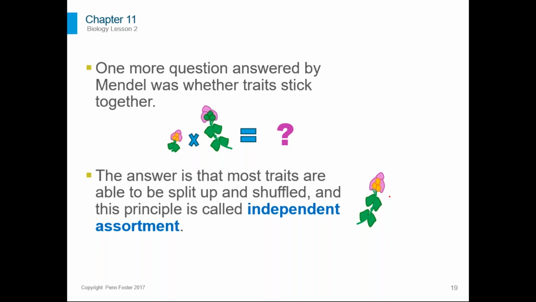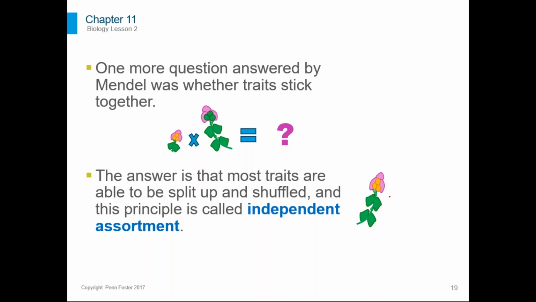The genes for height and color can be split up. So you can end up having a tall plant with yellow seeds because you don't have to inherit both traits from the same parent together. Okay, and this is something you could see in people.